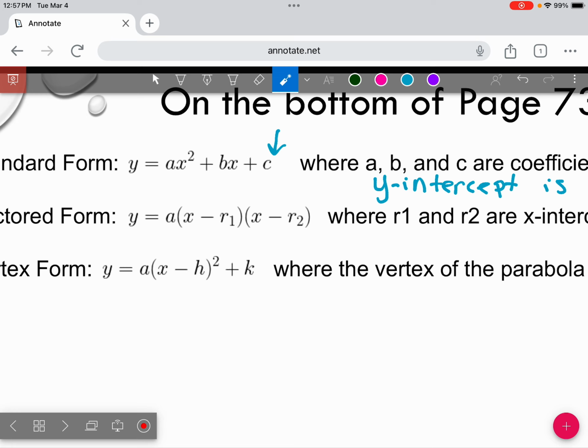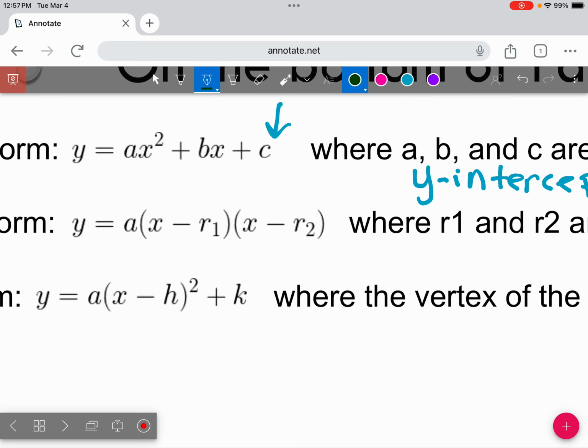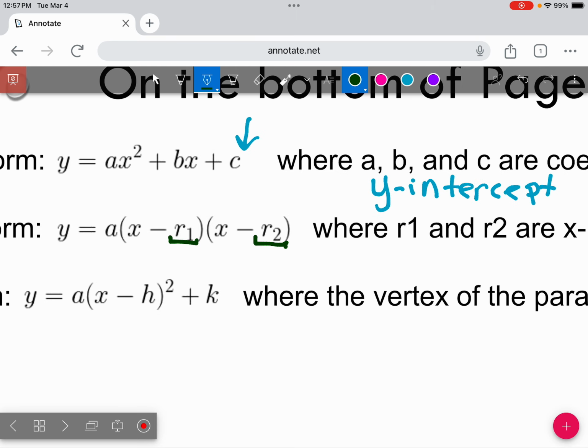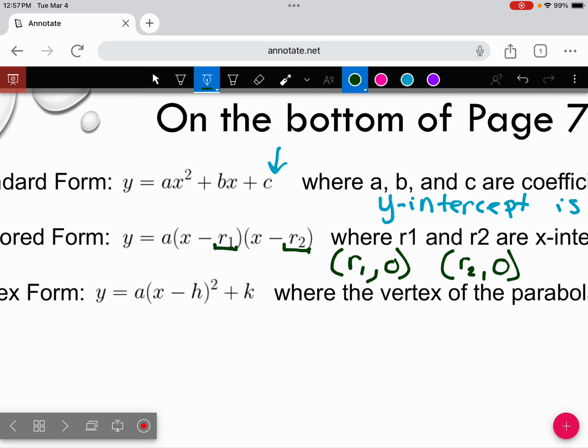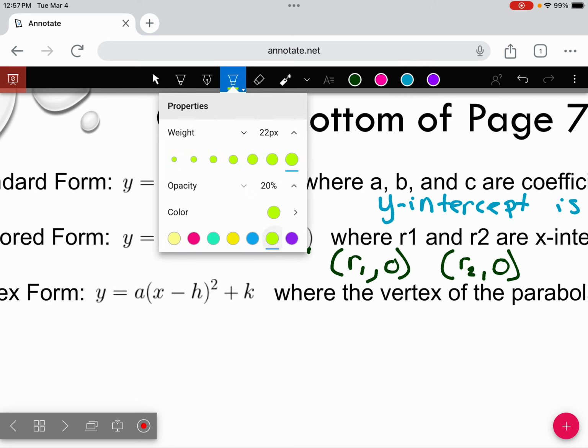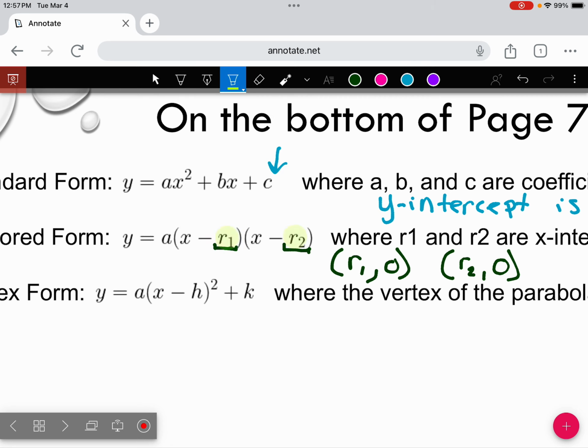Our roots, solutions, zeros, those guys. So these pieces are the roots. So I can write them as R1, 0 and R2, 0. It's our x-intercepts. So again, no math necessarily needed to find these pieces. It's just whatever number would be subtracted from x here.